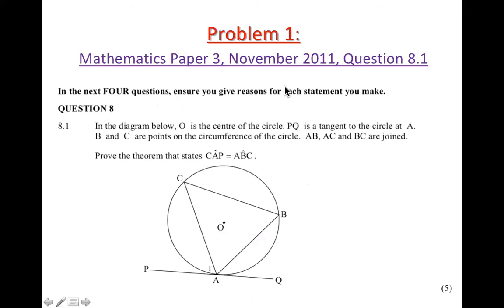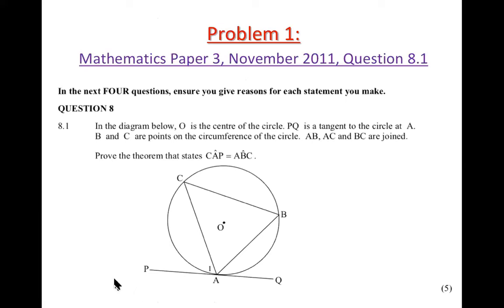In the past, schools were writing Maths Paper 3, and in Maths Paper 3 there are a lot of questions on Euclidean geometry. Now, what we need to do is see what type of question we are given here.